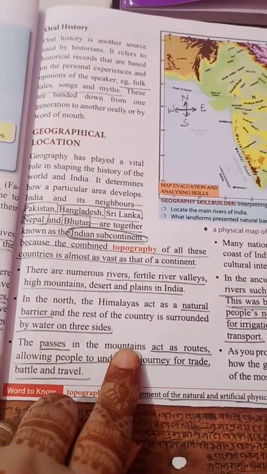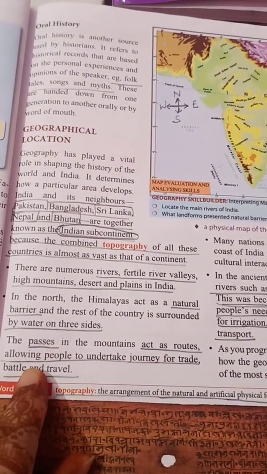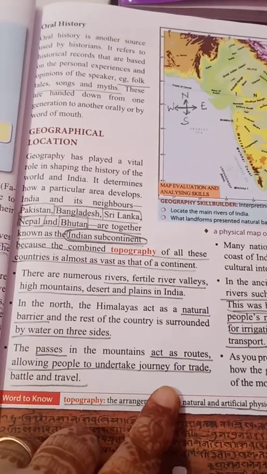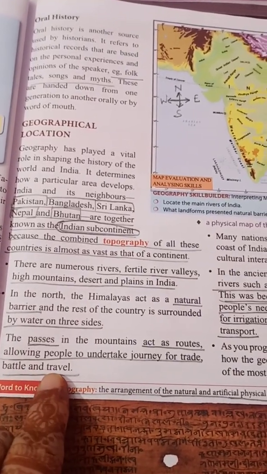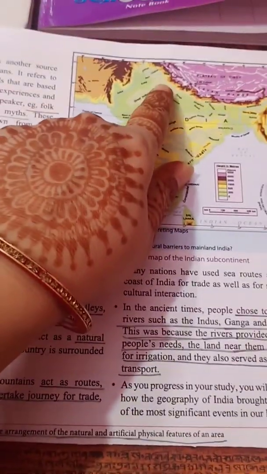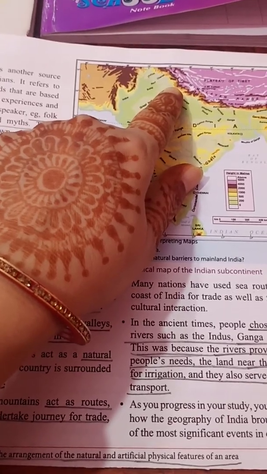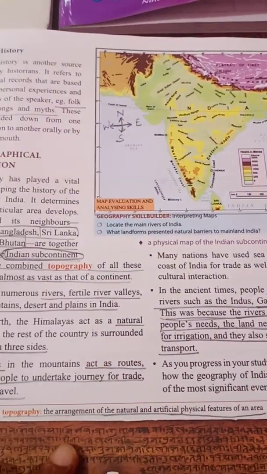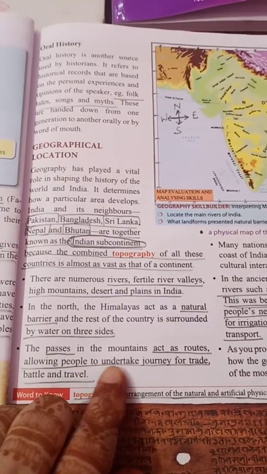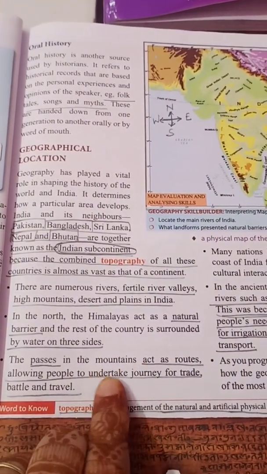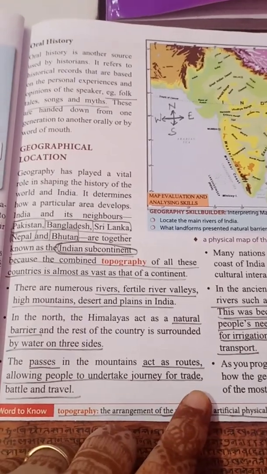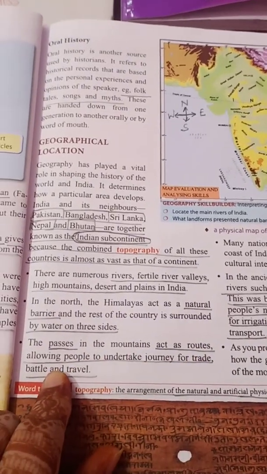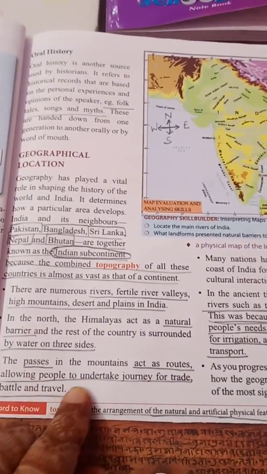The passes in the mountains act as routes, allowing people to undertake journeys for trade, battle, and travel. So in these mountains there are some passes also, and they act as routes for the people to undertake journeys for trade, for business, for battle also, and for traveling also.